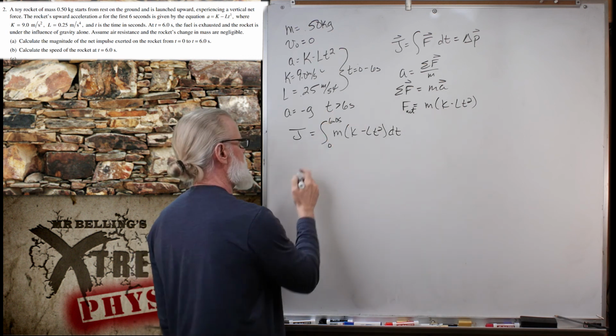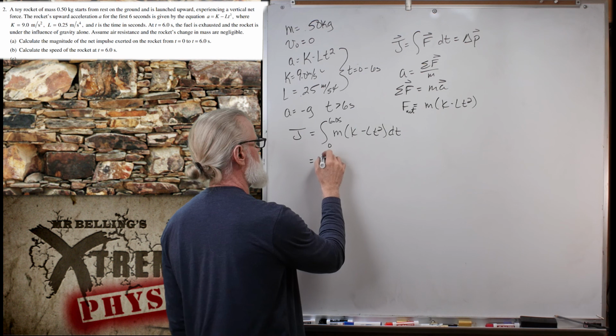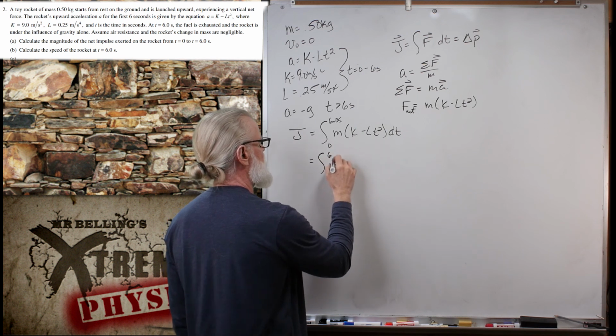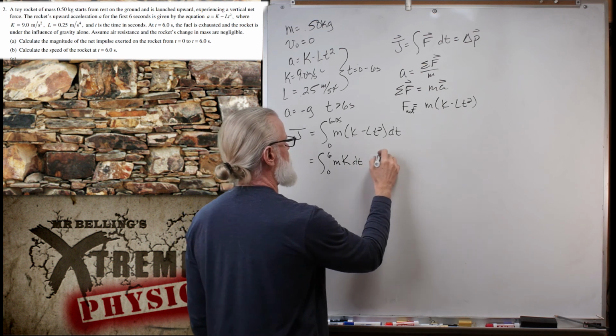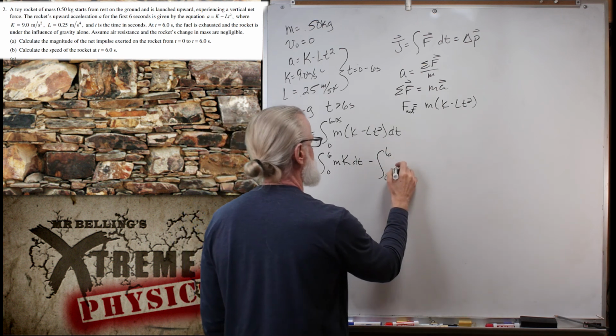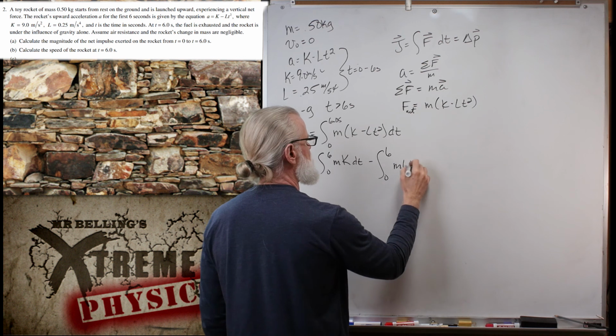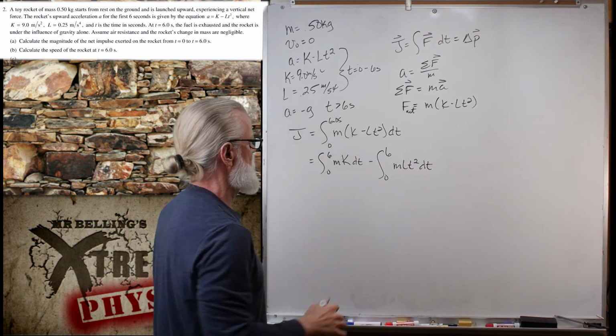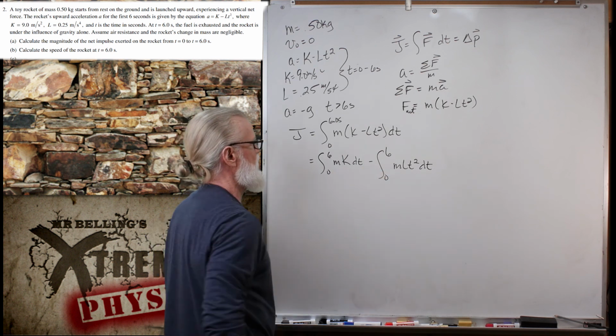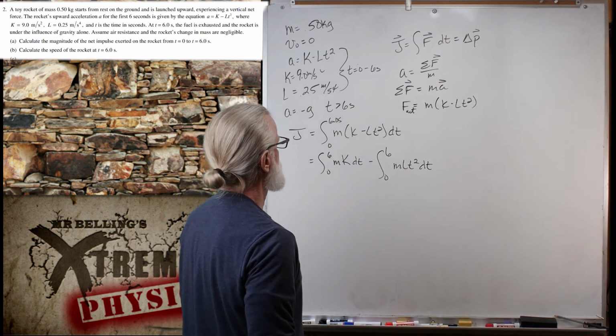So I guess I'll break it into two integrals. We'll go from 0 to 6 of m K dt minus the integral from 0 to 6 of m L t squared dt. These are just constants.